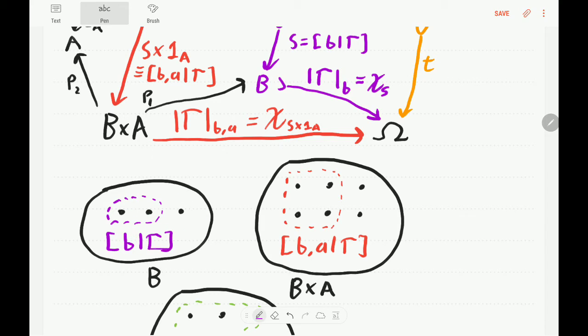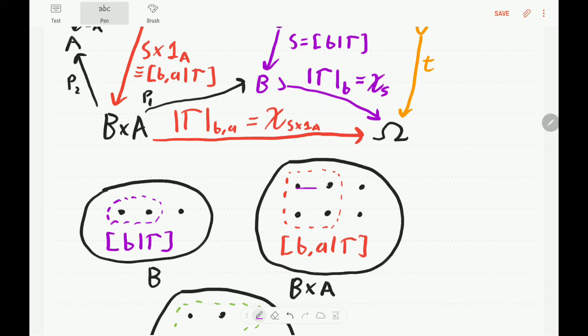We have this extension of gamma over B, and that's basically going to be a subobject of B. So working in sets, we can just say it's a subset of B. But we've shown now that for this interpretation of gamma over B and A, we get the same subset of B, but then sweep it up along all the A's that it's contained in. So that's what it means to say that it's equal to this times 1A.